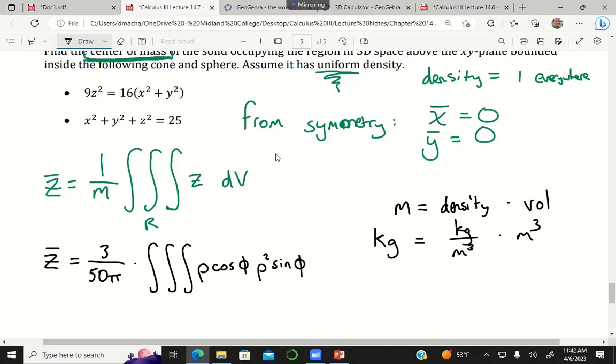And then I've got to decide on some order that I want to integrate this in. I don't know. Really, you just choose something and you hope it works, and if it doesn't work, then you try something else. So let's try that order of integration.